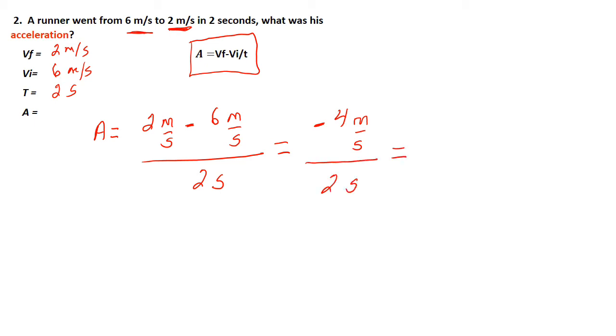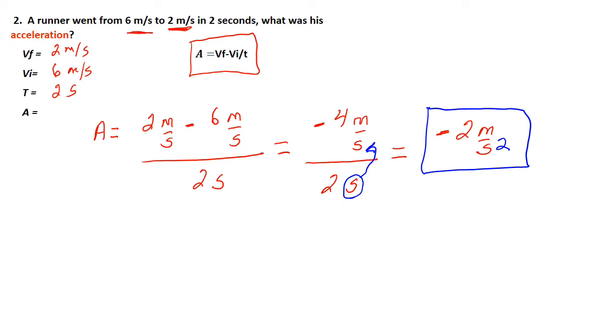A negative 4 divided by 2 would be a negative 2. We have meters per second here, and again, remember that this second moves up and is multiplied by the other second, so we have a squared second.